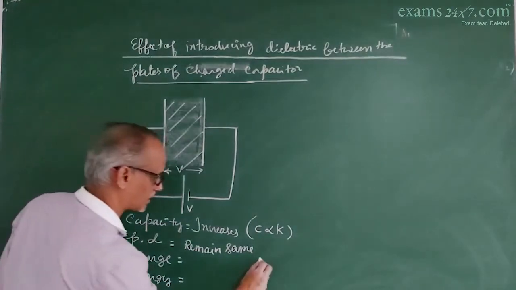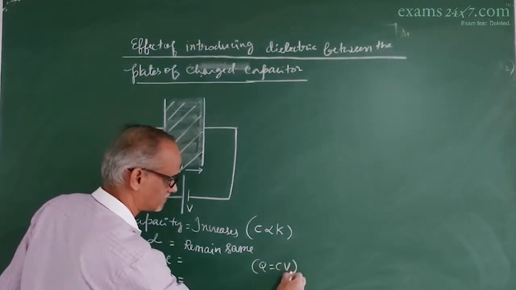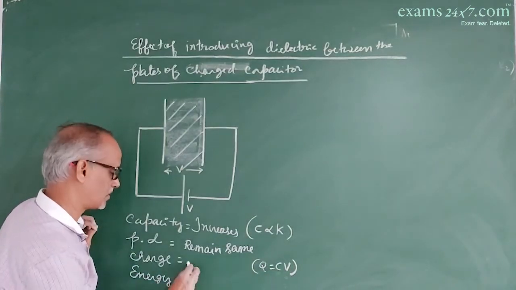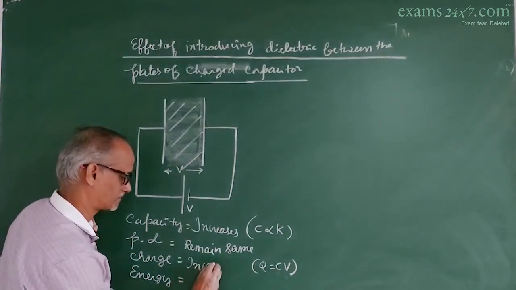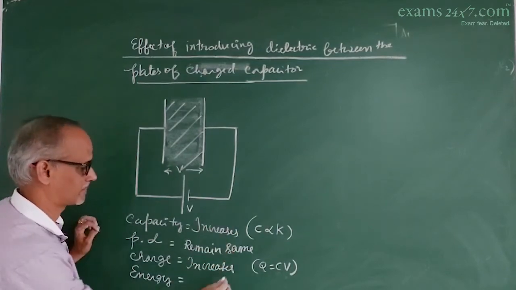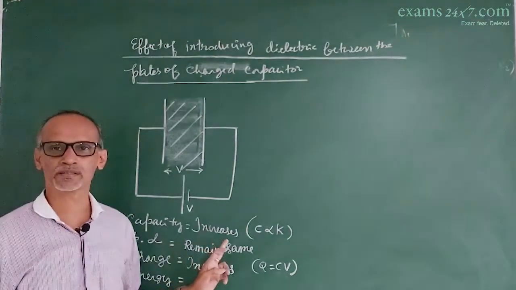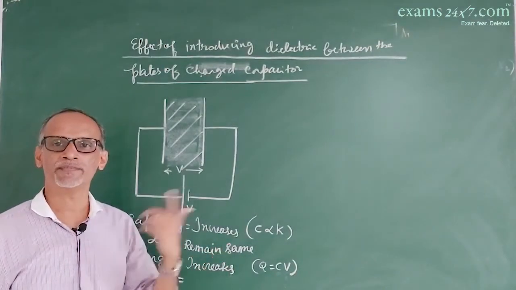Now what is the formula for the charge? Charge Q is equal to CV. V is the same. C has increased, therefore the charge also increases. So when we say capacity increases, by what factor does it increase?